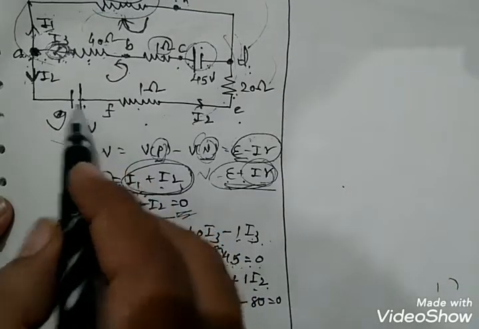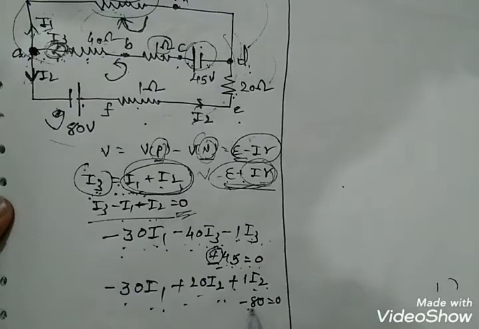Here positive to negative, so minus 80 is equal to 0.